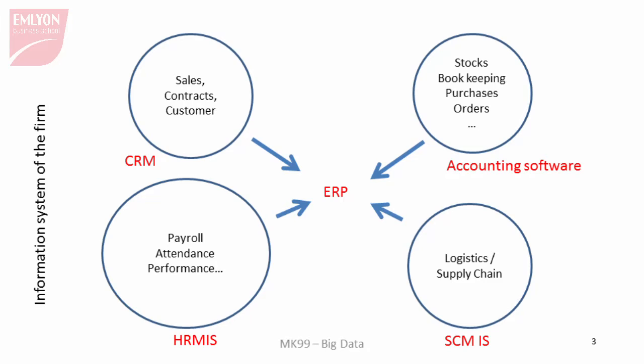So you might have a need for the integration of these different systems, in which case you could use an ERP, Enterprise Resource Planning, which is basically a bigger software that integrates all other software. So that's where CRM stands in the firm.